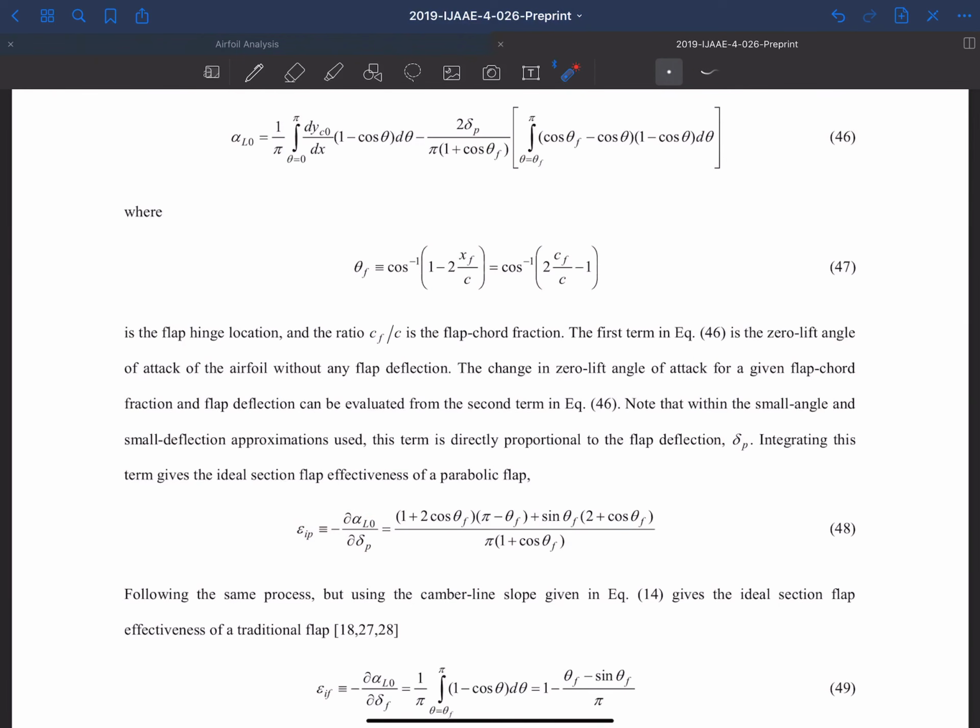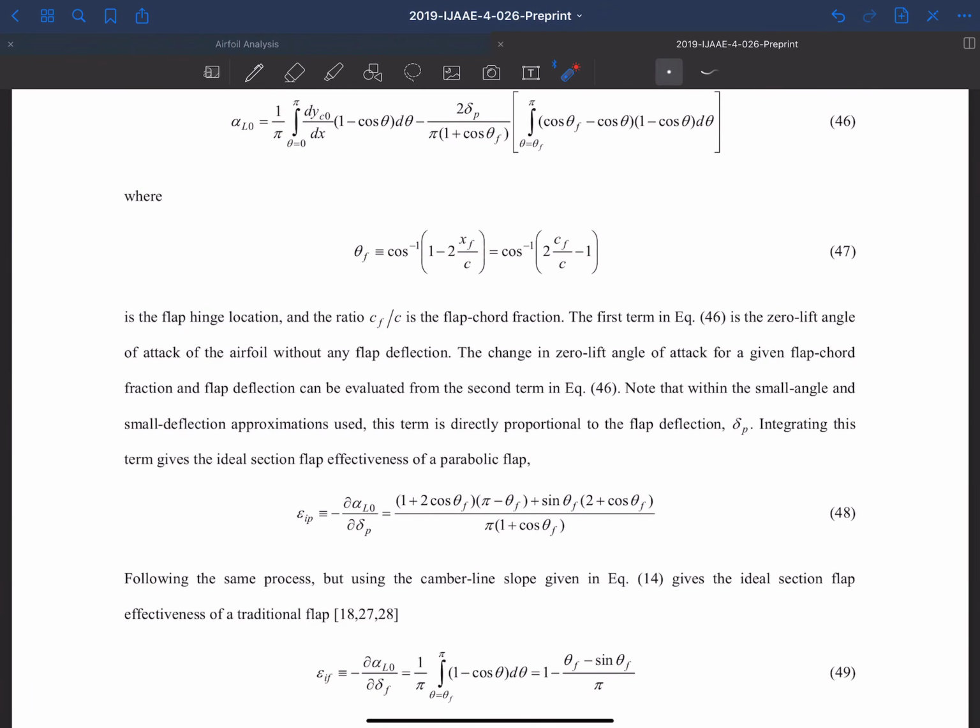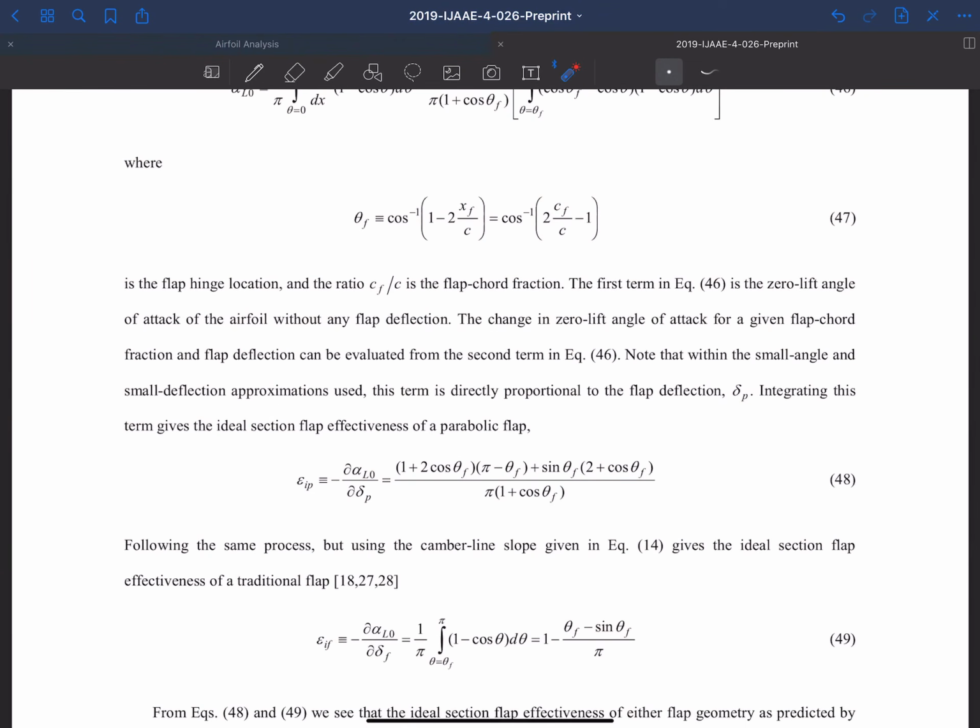Here's a closed form solution that depends on theta f, which is the location of our hinge point on the chord. That's exactly what we've done with the traditional flap previously.